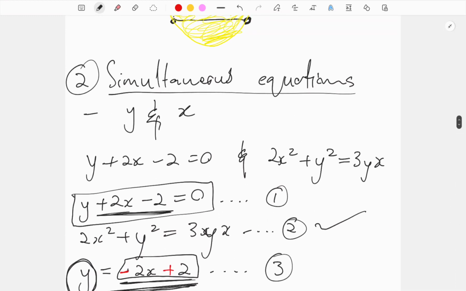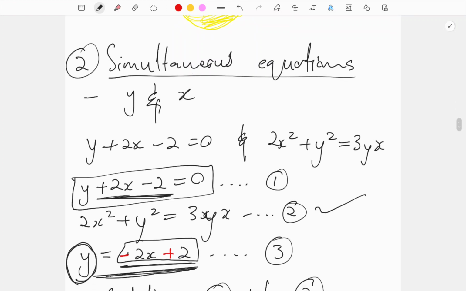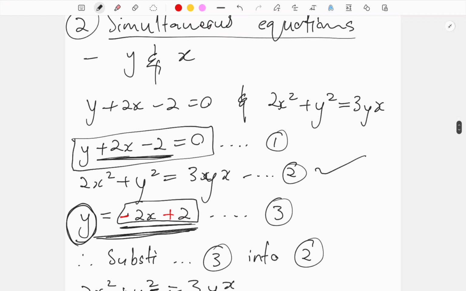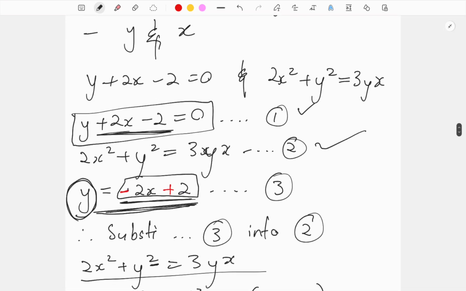All you need to do is to write both simultaneous equations, and then you name them. Whether you give them equation 1 or equation A or equation B, it's up to you. But remember, the equation that you decide to make the subject of the formula, to introduce my third equation, must be a linear equation, simple.